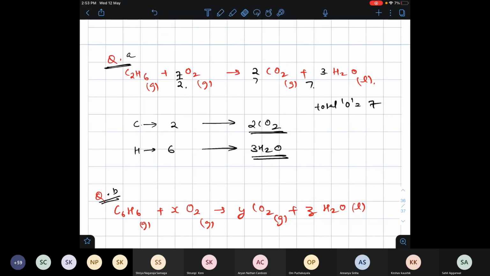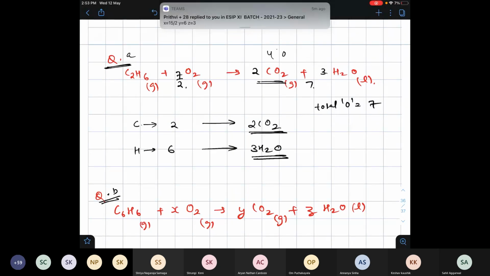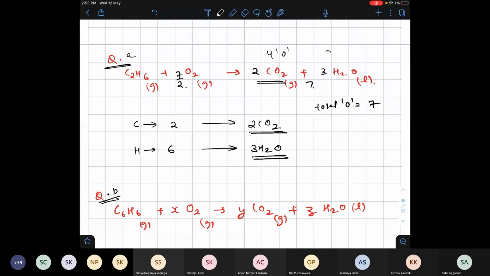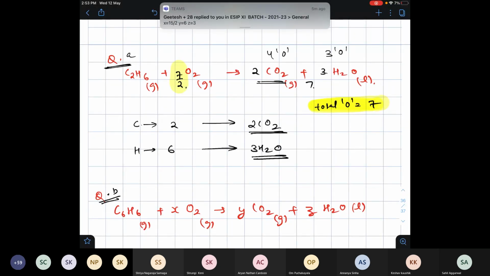Now 2 CO2 will have 4 oxygen, and 3 water will have 3 oxygen. Oh, okay. 4 और 3 7. Total oxygen is 7. यहाँ पर उसका half लिखते हैं. Oh, okay. Thank you, sir.